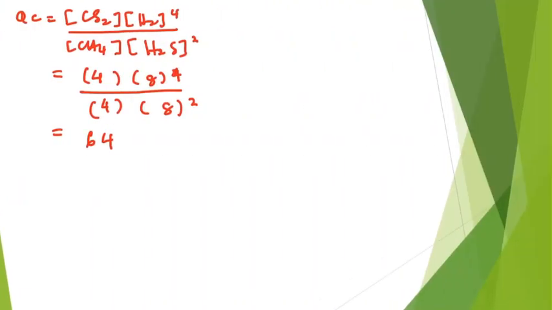So when we compare our QC, which is 64, with the KC of 0.036, then we know that QC is greater than KC. So the reaction is progressing to the left.